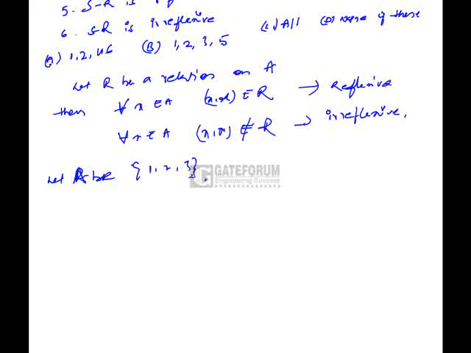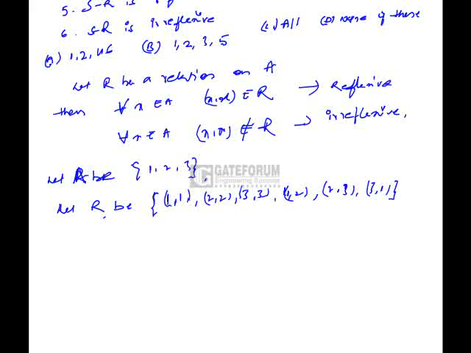Let R be reflexive, as given. So (1,1), (2,2) and (3,3) should be present, and the rest are optional. Let us say (1,2), (2,2), (3,3), (3,1).